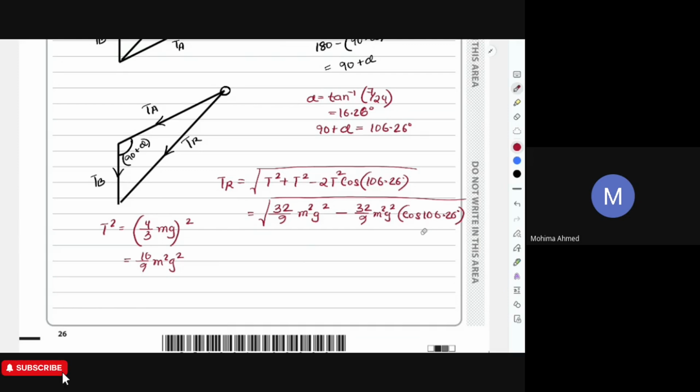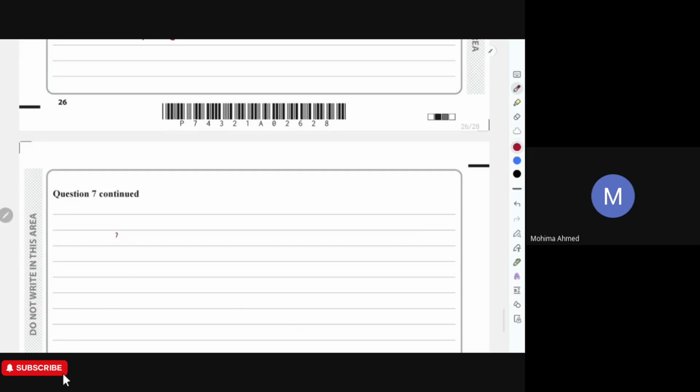Yeah, we have to break this down also because they're asking for an expression. If we're working with cos 90 plus alpha, we have to use the addition formula for trigonometry, which is cos 90 cos alpha minus sine 90 sine alpha.